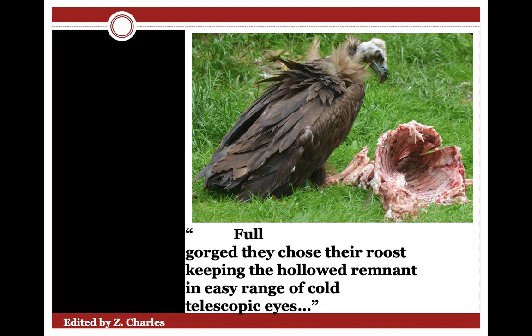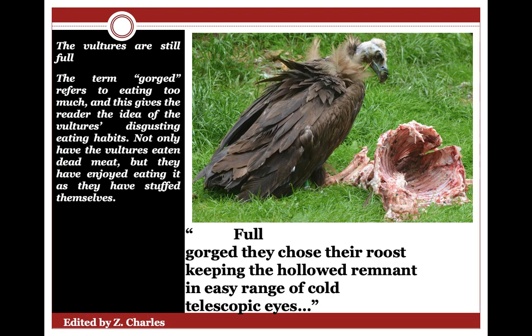So the vultures are described to be full, gorged, and they chose their roost, keeping the hollowed remnant in easy range of cold telescopic eyes. The vultures are full from everything that they've eaten. The term gorge refers to eating too much, and this gives the reader the idea of the vultures' disgusting eating habits.